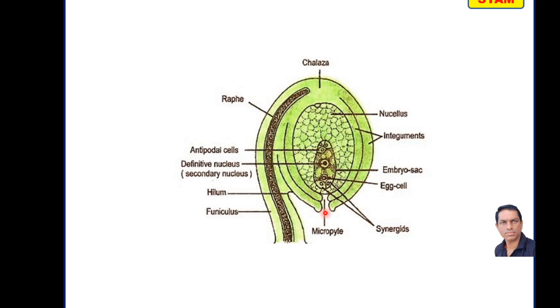At one place, the nucellus is not covered by integuments and gives a small pore, which is called the micropyle.